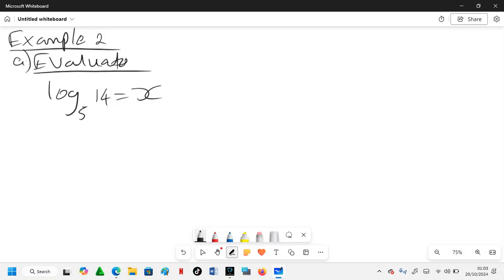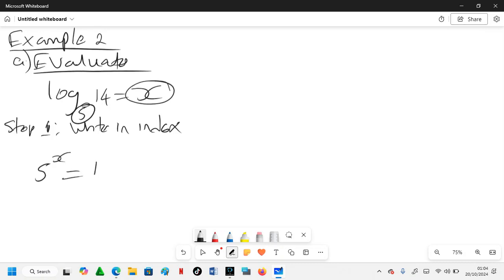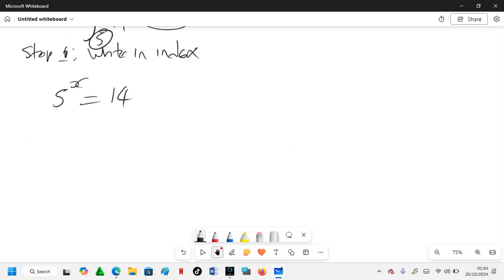If you're supposed to find x here, you're going to first write it in index form. Step 1, write in index, so that you'll have 5 to the power x is equal to 14.